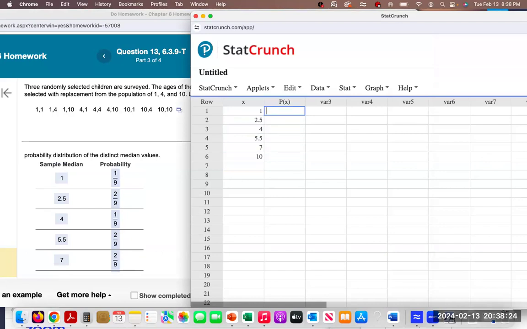Make sure you convert the probabilities to decimals. 1 divided by 9 is 0.111. The more decimals you use, the more accurate your answer will be. 2 divided by 9 is 0.2222. Then 0.111, 0.2222, 0.222.